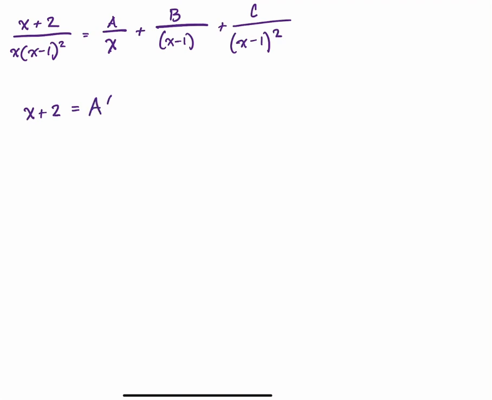So we'll have a times x minus 1 to the second power. For our b term, when we multiply by x times x minus 1 squared, it will pick up that x, and one of the x minus 1's will cancel, so there should just be 1 left over.